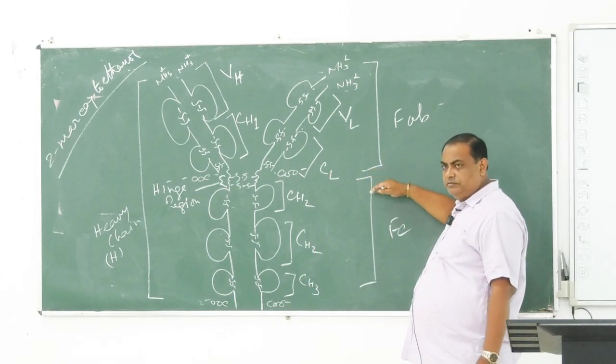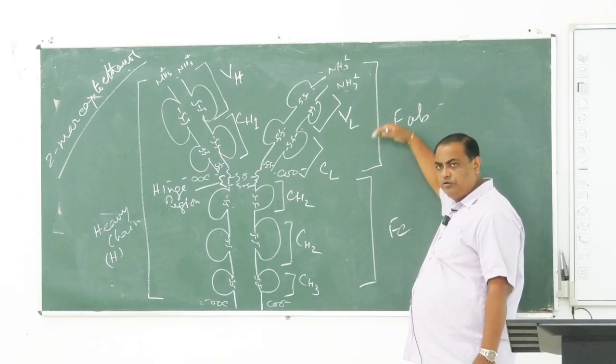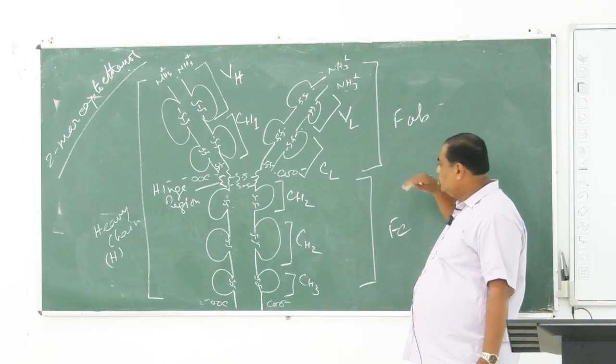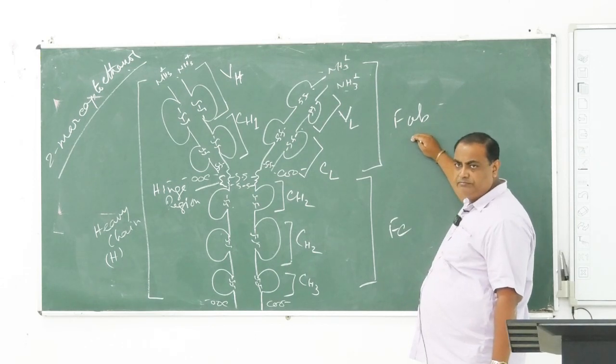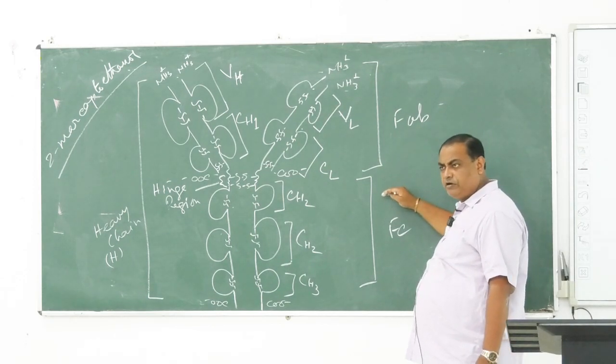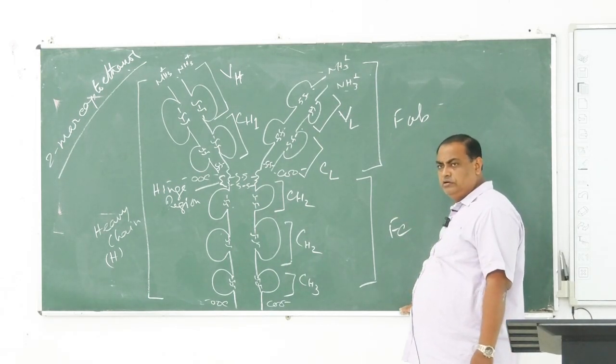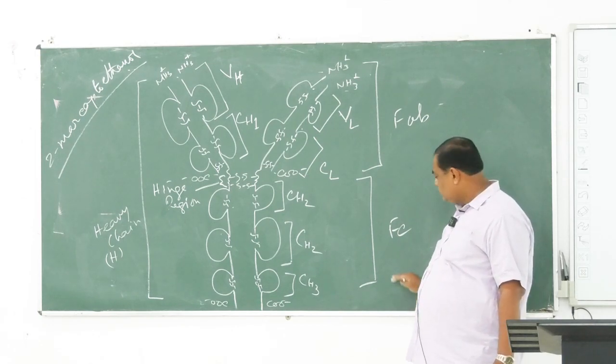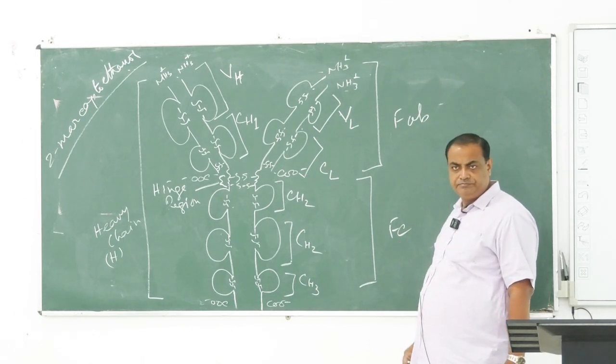The region from the hinge region up to the N terminus is termed the Fab region. The region from the hinge region down to the C terminus is called the Fc region.